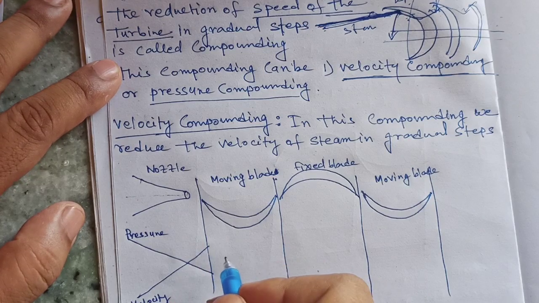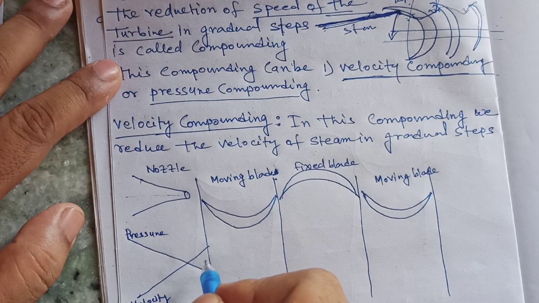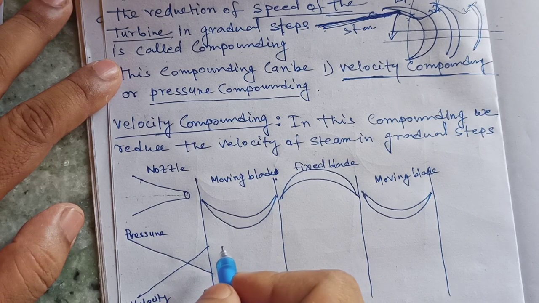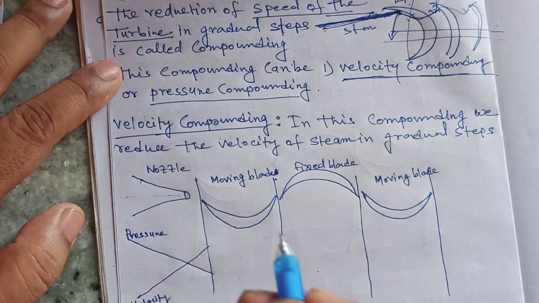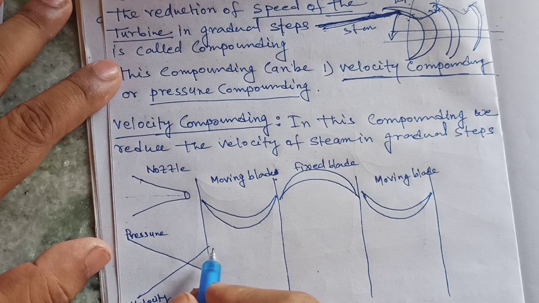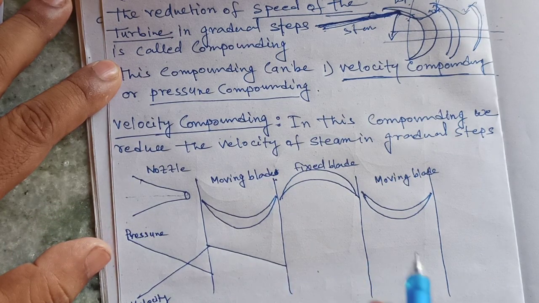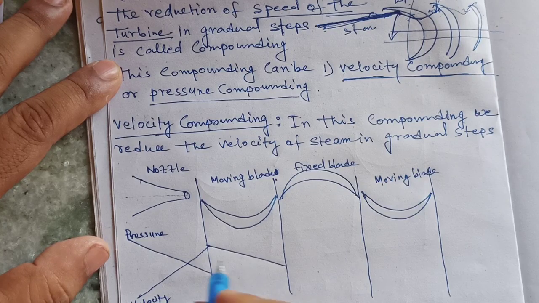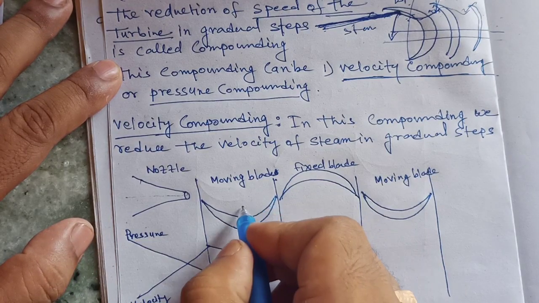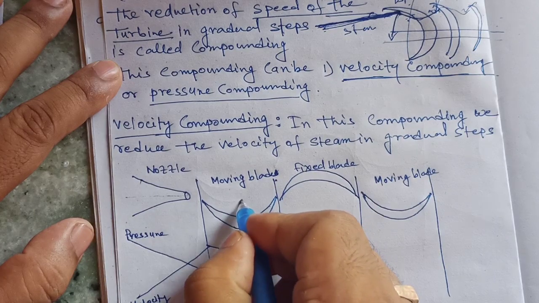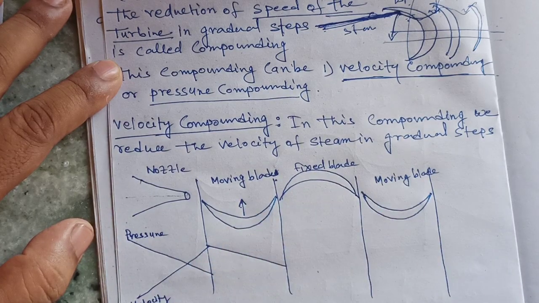Okay. Now when this steam passes through the moving blade, what happens? This velocity will reduce. Why will the velocity reduce? Because the moving blade will rotate, and therefore the velocity will reduce.